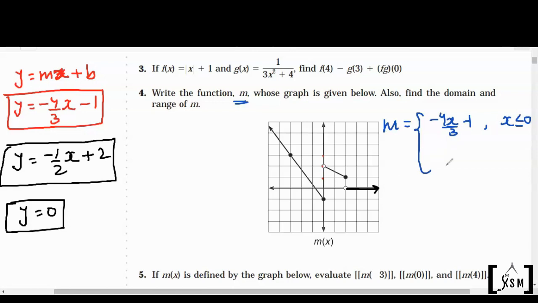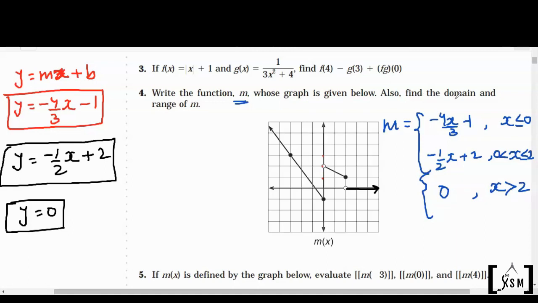For the second function, the graph is minus 1 over 2 x plus 2, and that is defined for all values where x is greater than 0 and less than or equal to 2. And for the third function, it is just y equals 0. So we'll just put 0 and say it is defined for all values where x is greater than 2. So this is how we have written the piecewise function.